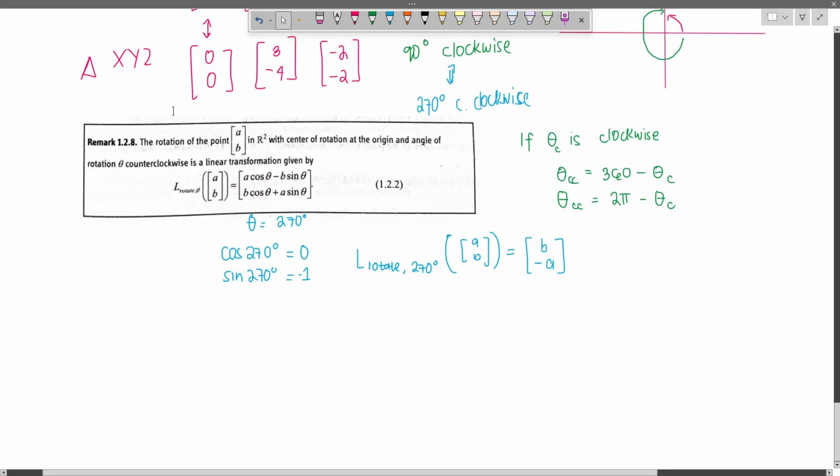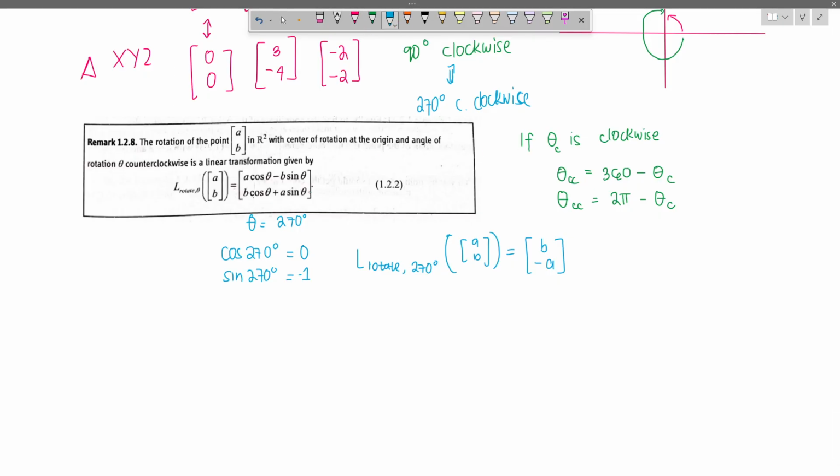Okay? So I'm going to show you how to solve for the second component first here, just to show you that it's going to be negative a. So let's plug in the values. B cosine theta plus a sine theta.